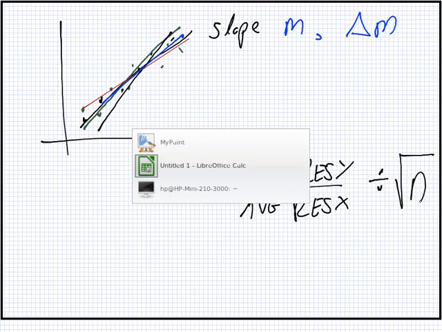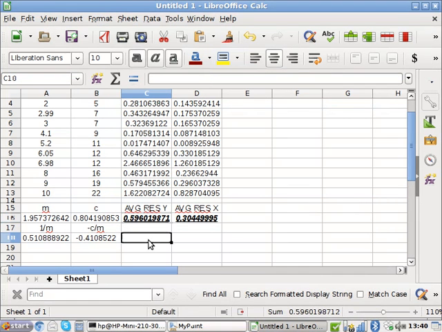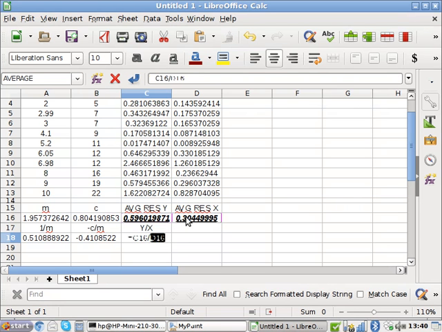So here, what I'll do is I'll just do the y over the x. That's equal to this one divided by this one. Yes? And then here, I'll do this divided by the square root.